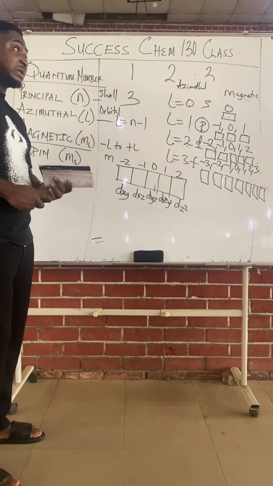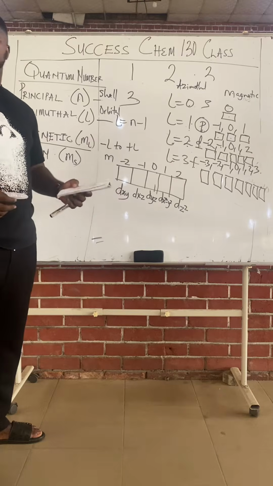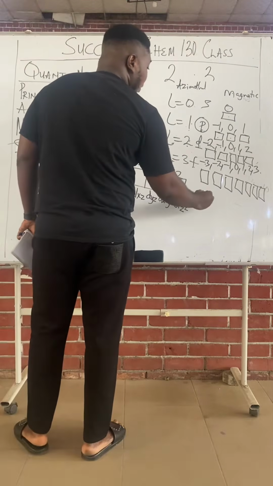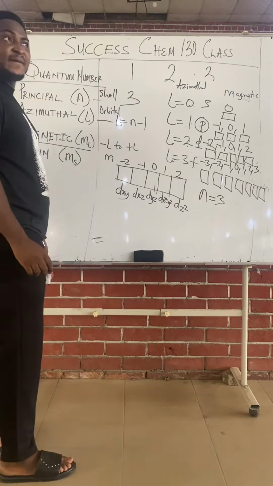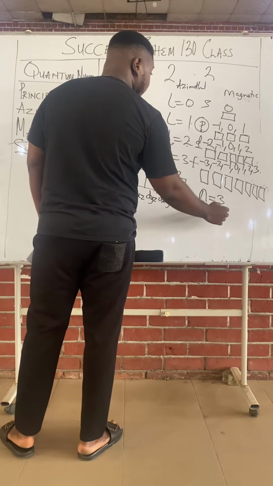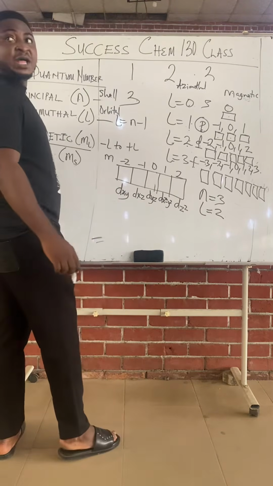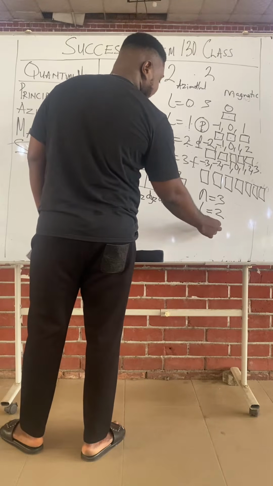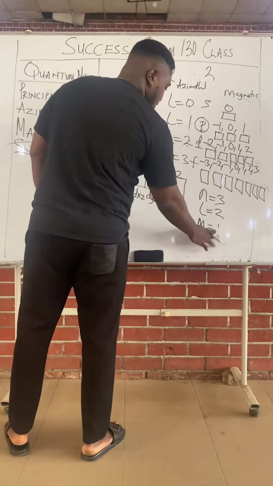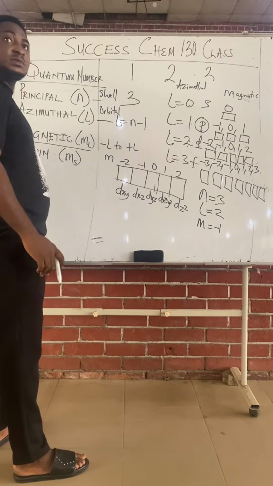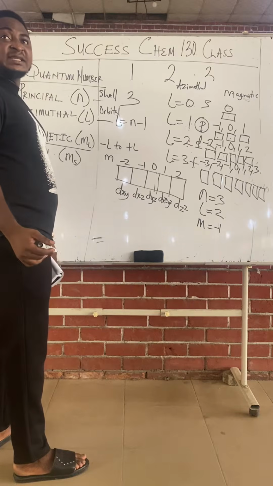Last question. If you are told that n is 3, for example, the principal, L is 2, the azimuthal, and M is minus 1, write down the orbital designation.